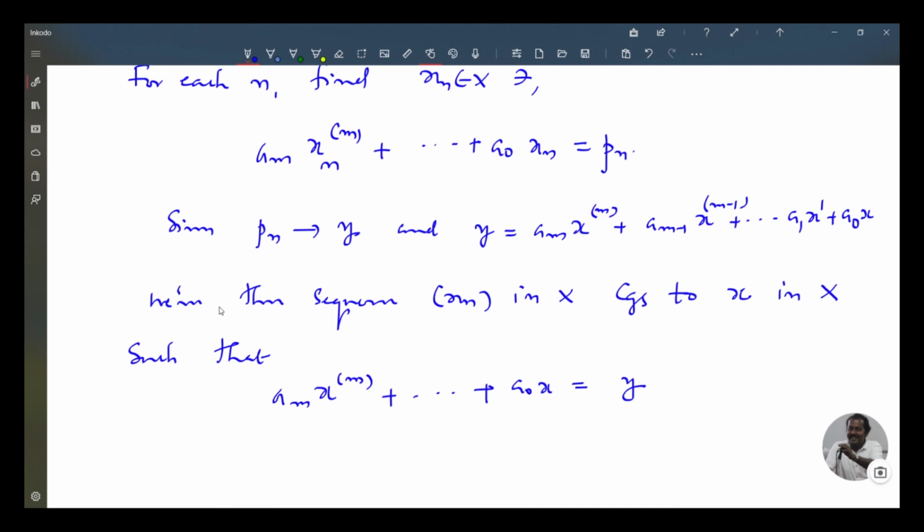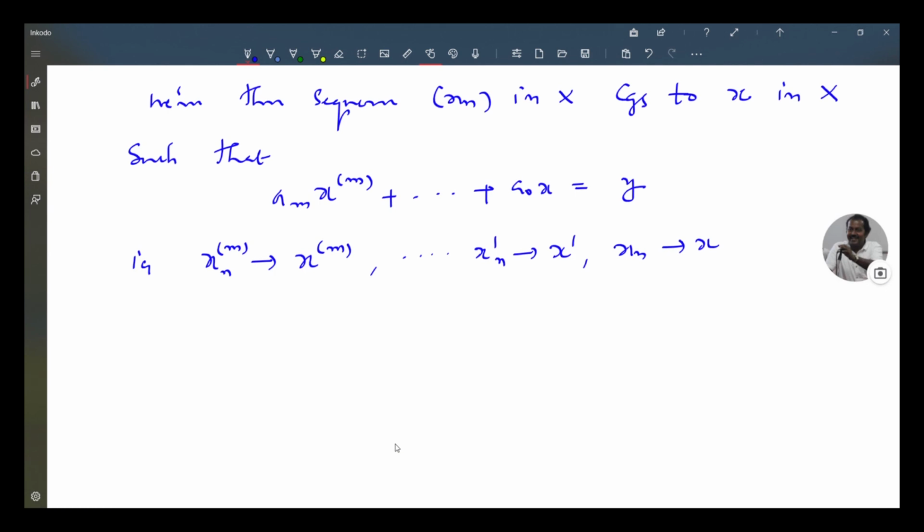That is, the mth derivative of x_n converges to the mth derivative of x, etc., the derivative of x_n converges to the derivative of x, x_n converges to x, from this observation since P_n converges to y.